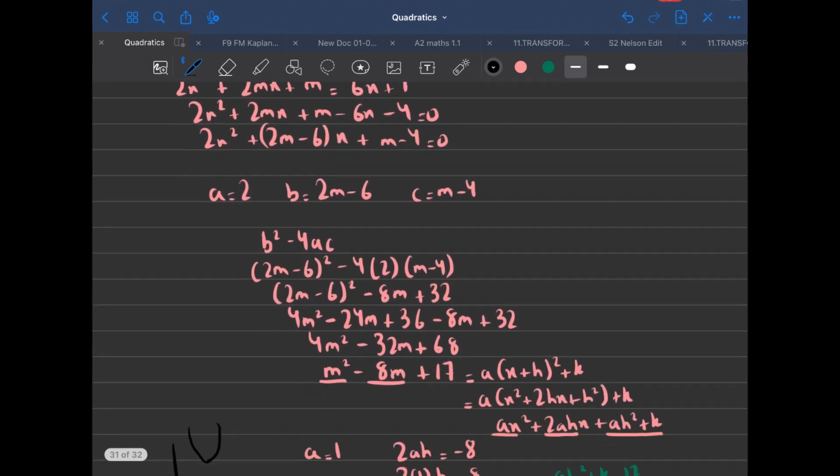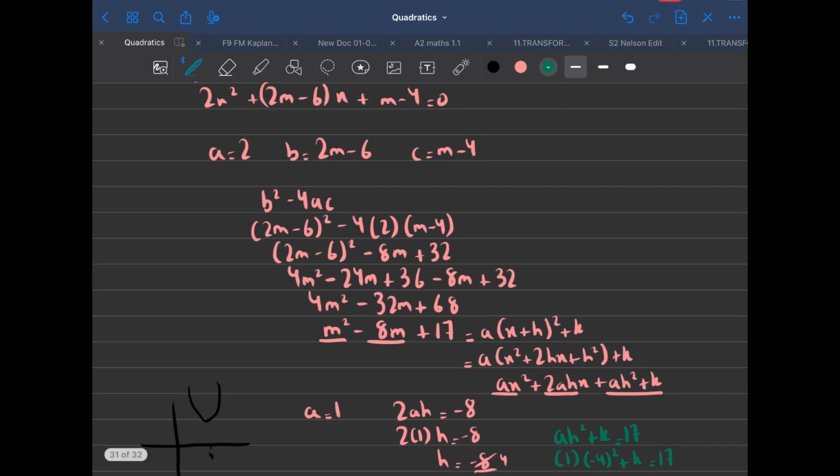Now what did the kids do in the exam? They tried solving this. Let me show that to you. So my A is 1, my B is minus 8, and my C is 17. So minus B, that's minus 8, plus minus 8 square minus 4 into 1 into 17 divided by 2 into 1.